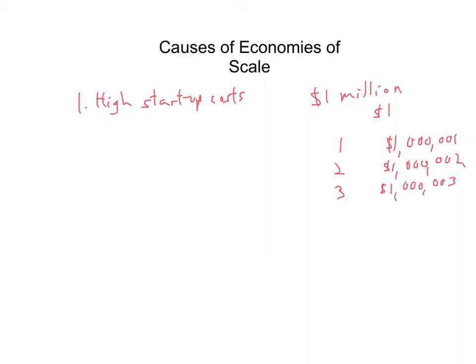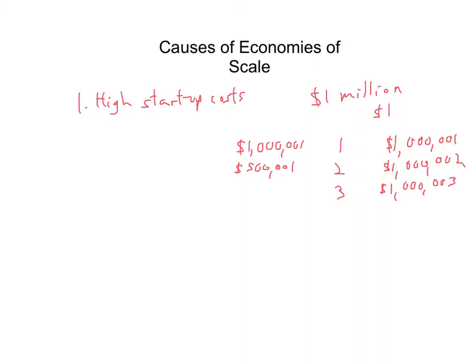Now the average cost here of producing 1 is actually just going to be $1,000,001. But if you produce 2, your average costs go down to $500,001.